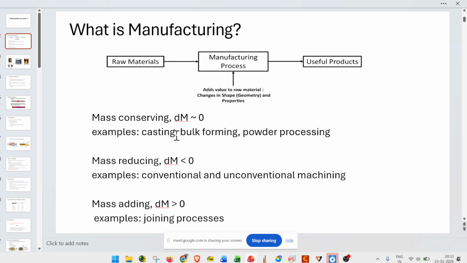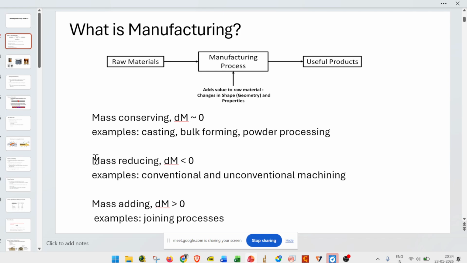In machining, if I take 1 kg of raw material, I remove material from it to achieve my desired shape. So I am reducing the mass of the component, and the final component has less mass compared to the initial component. This comes under the second category, mass reduction.